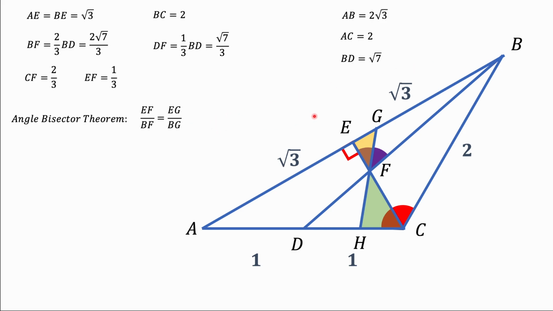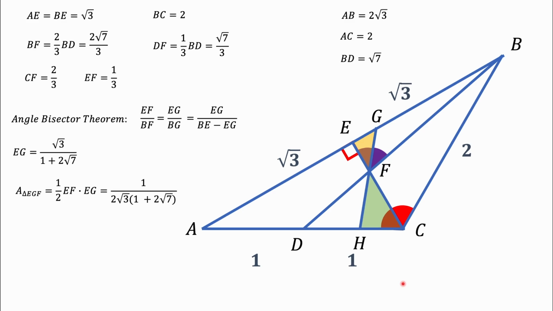Now the next thing we want to do is to realize that BG is BE minus EG. And now we know everything on the left, and what we don't know on the right is just EG. So we can solve this equation for EG. And now we're ready to calculate the area of the yellow triangle. It's a half of the height, EF, times the base, EG.